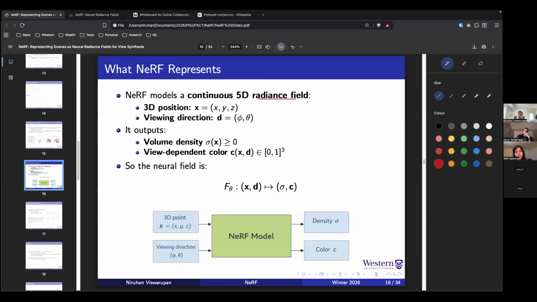NeRF is just a neural network based representation of a radiance field. So you can imagine a radiance field where each point will emit some light, some RGB color.